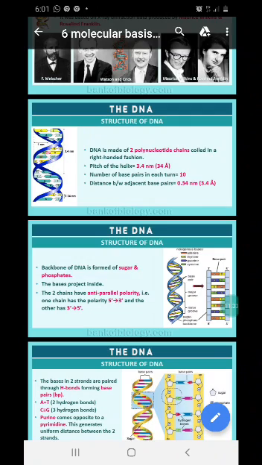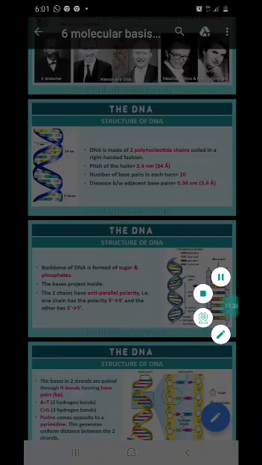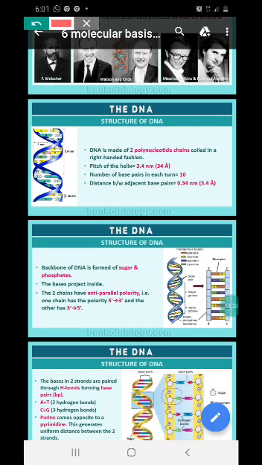Now if there is a purine base on one strand, for example adenine, definitely on the other strand it will be a pyrimidine. What should the pyrimidine be? It should be thymine. A always base pairs with thymine. And if the next nucleotide has a purine, what will be the other? It will be the pyrimidine called cytosine.